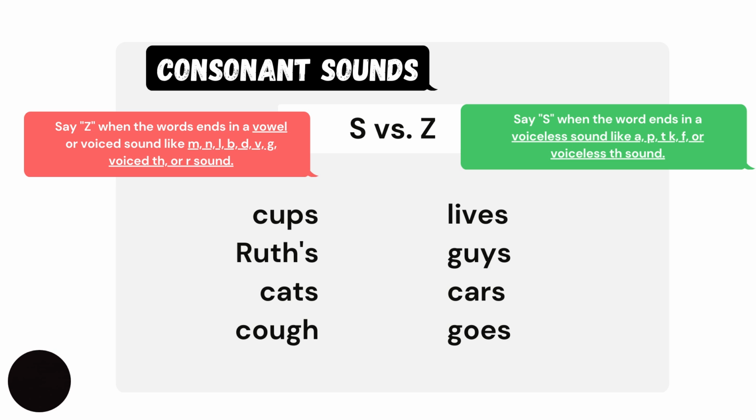So let's take a look at the examples. Does it end with P? Yes. Does it end with voiceless TH? Yes. T. And then we have, I think I have included a wrong word here. The word cough, that's not included in this example.